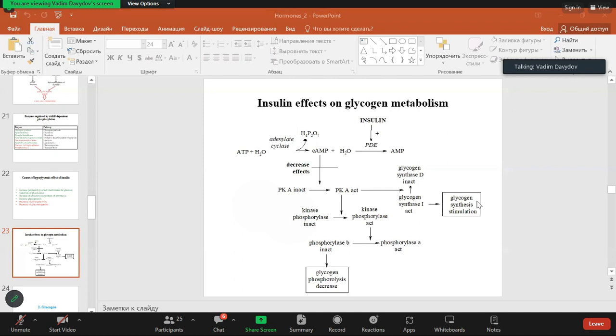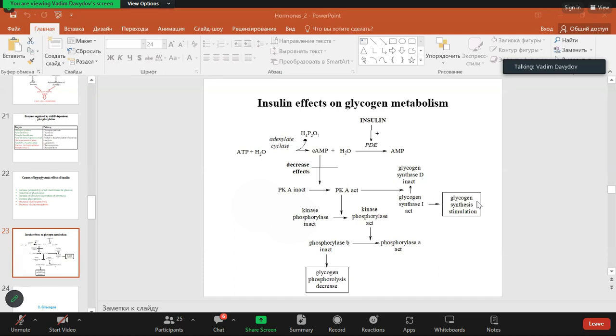At the basis of the hypoglycemic effect there is increased permeability of the cell membrane for glucose. Glucose penetrates inside the target cell and is used here for synthesis of glycogen, as insulin increases biosynthesis of glycogen.